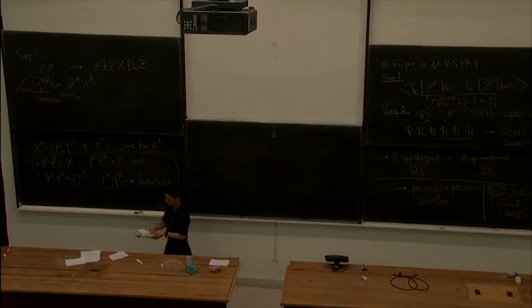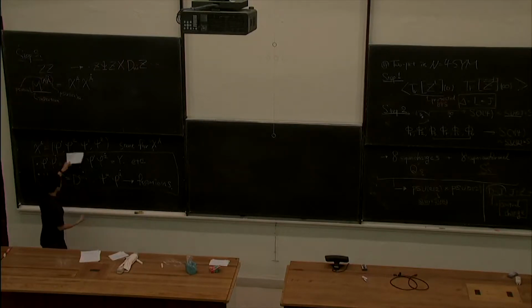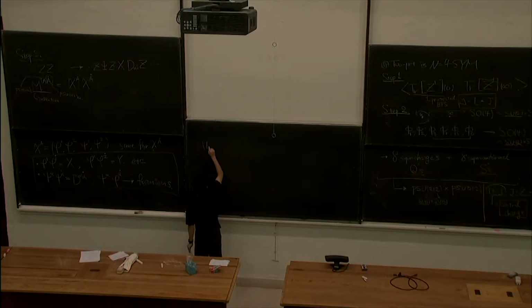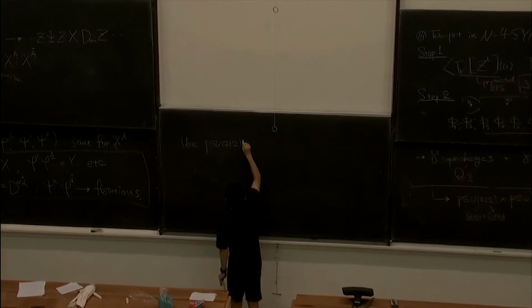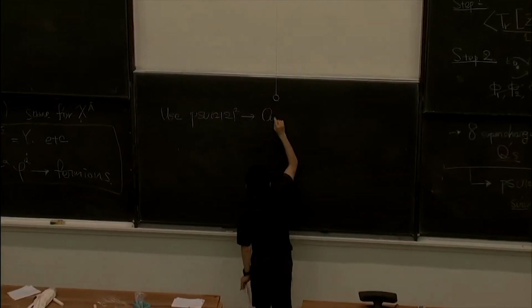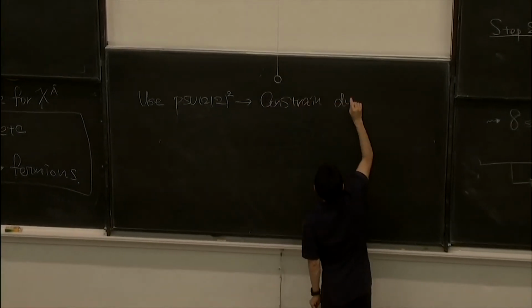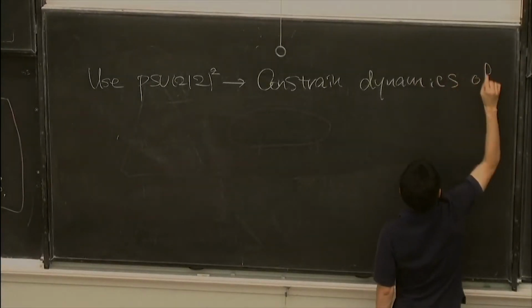Once we understand the symmetry and how it acts on these Magnon excitations, you can try to use PSU(2|2) squared to constrain the dynamics of magnons.